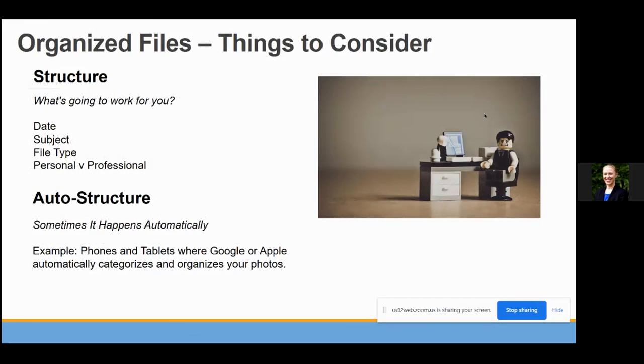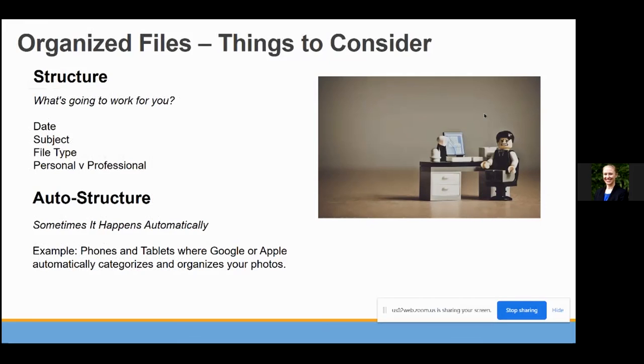Or if you use your personal computer and you also have a work computer, maybe you have a certain construct that you follow at work due to the nature of your office or how they label things, and you want to carry that over to your personal computer. Or maybe you prefer your personal system of filing, but you have something you have to do at work, and that's fine. You also might have things on your personal computer that you use for work, and so you might separate them into what's personal and what's professional.